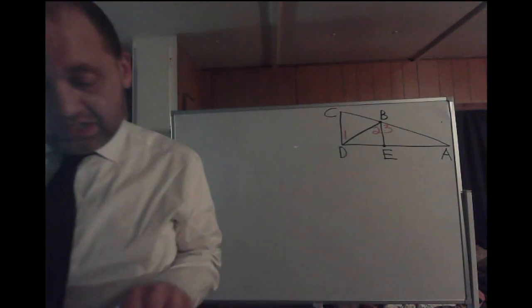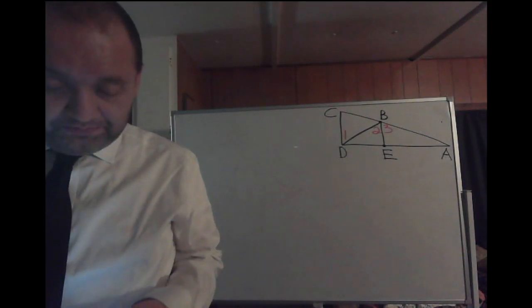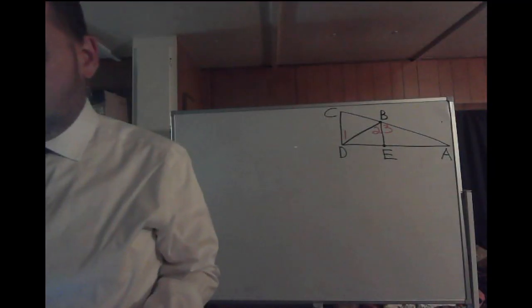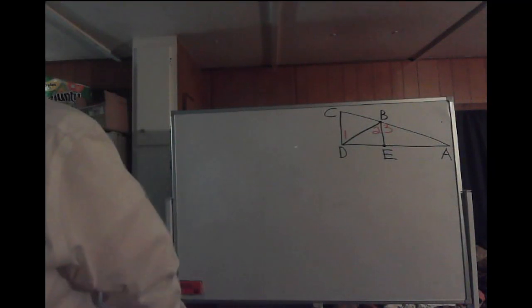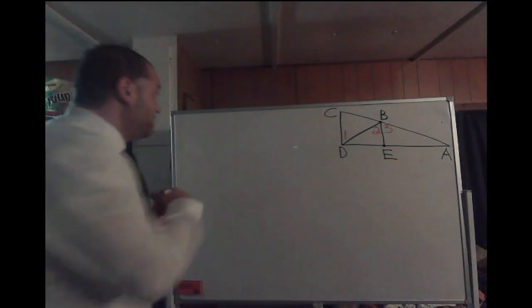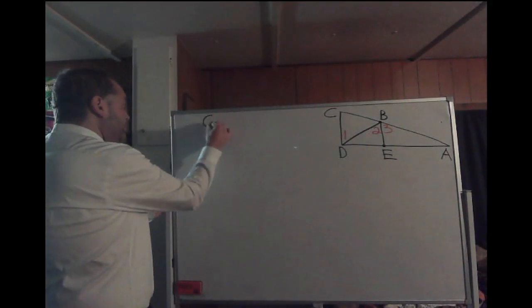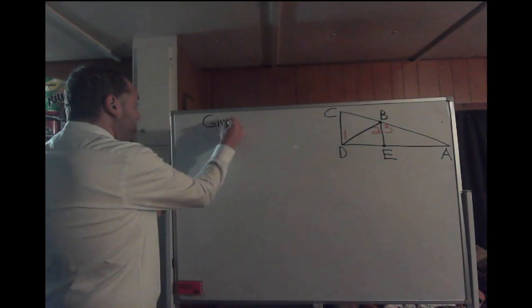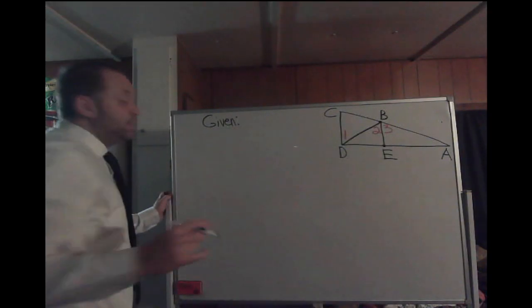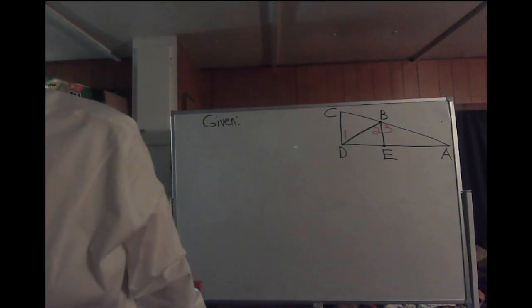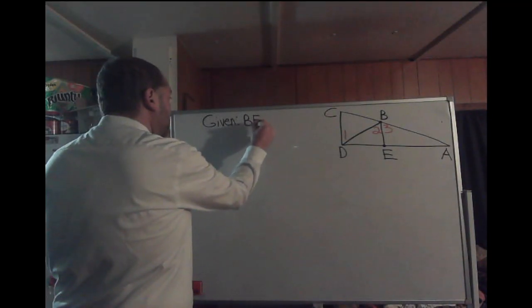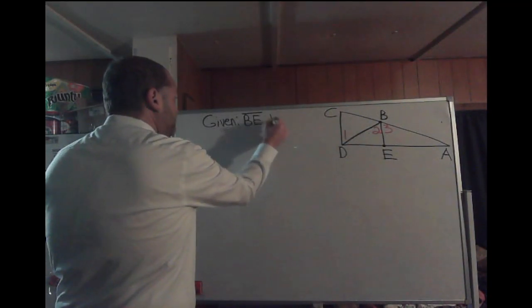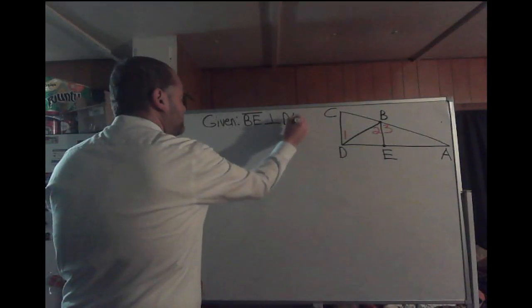What's this proof about? Well, this proof is about what they've given to us to start with. The given is that line segment BE is perpendicular to line segment DA.